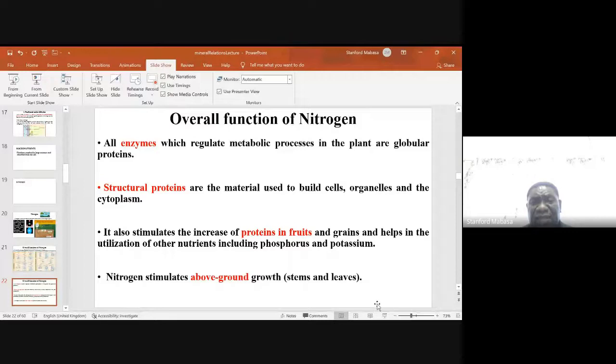Now, nitrogen can also stimulate the increase in proteins in fruits and grains, and this can help utilization of other nutrients such as phosphorus and potassium. I mean, we are now aware that nitrogen can cause plant growth.